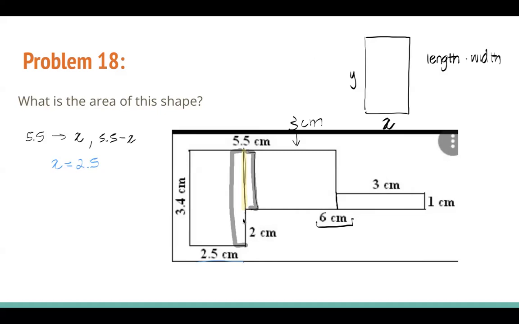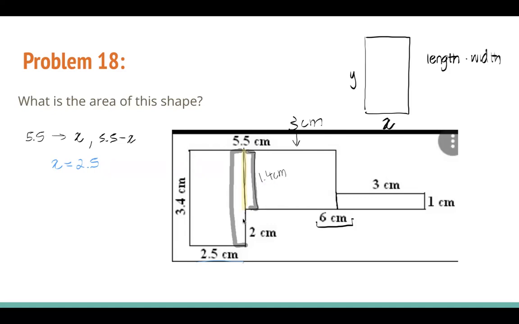We'll have to subtract 2 centimeters from 3.4 centimeters. Yeah, that's correct. So what does that give us? 1.4 centimeters. Yeah, so we know this side is 1.4 centimeters.